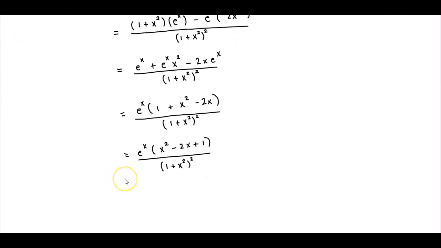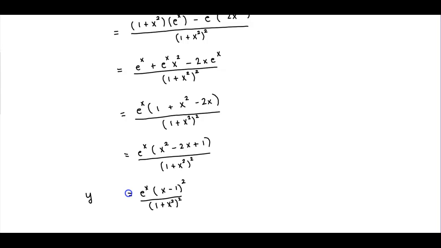So now let's factor that numerator. So the trinomial in the numerator is a perfect square trinomial, like we said. So therefore, that's going to be x minus 1 squared all over 1 plus x squared squared.